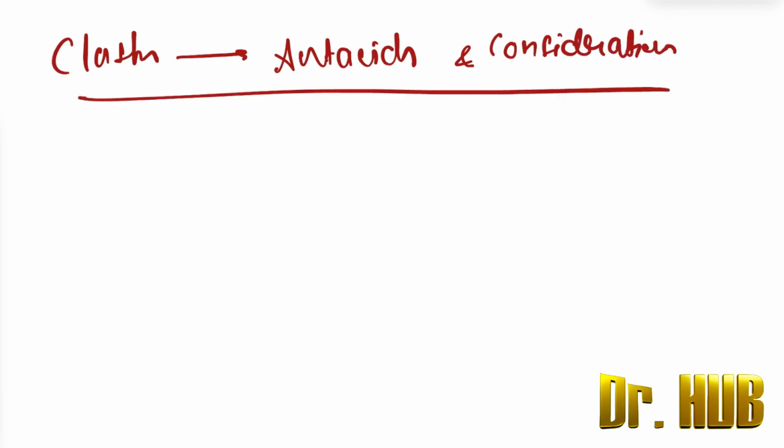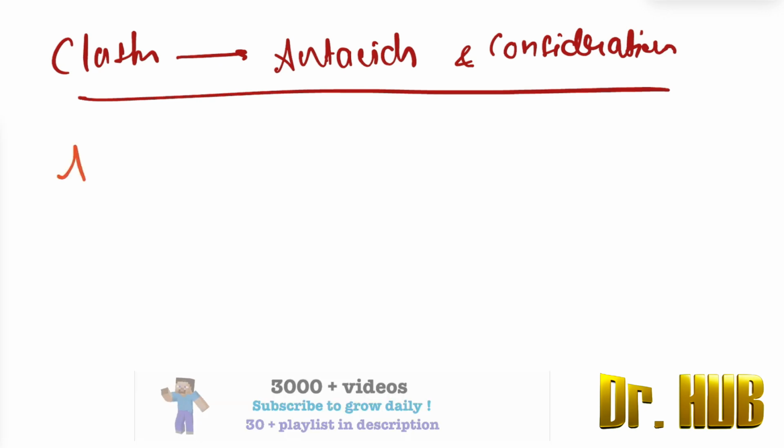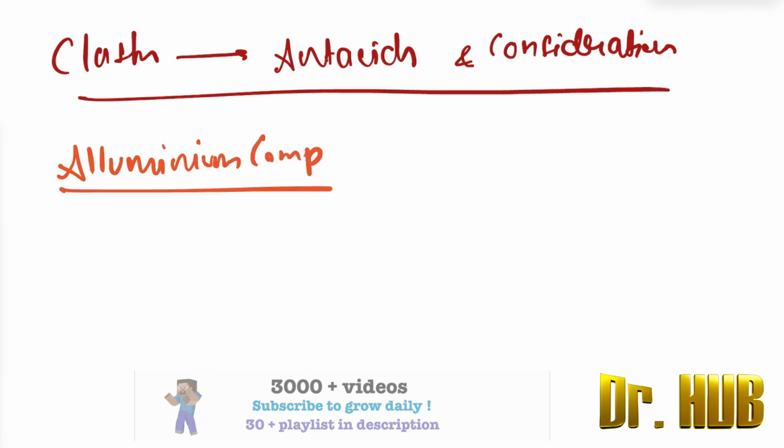First, to begin with, we look at the aluminium compounds. Under aluminium compounds, we are focusing on aluminium hydroxide.